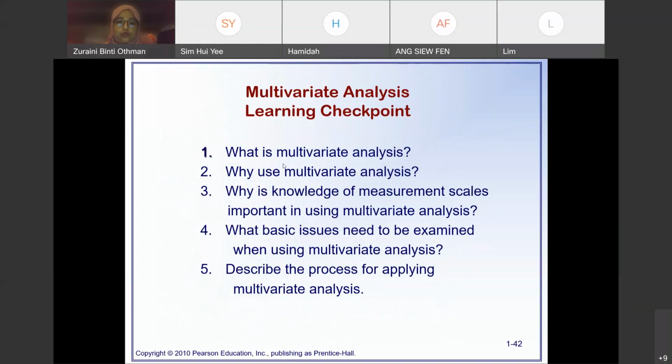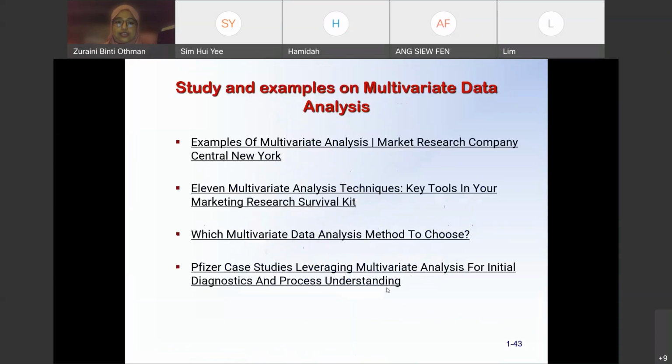For this chapter, what you have to know: what is multivariate analysis, why use multivariate analysis, why is knowledge of measurement scale important in using multivariate analysis, what basic issues need to be examined when using multivariate analysis, and describe the process for applying multivariate analysis.